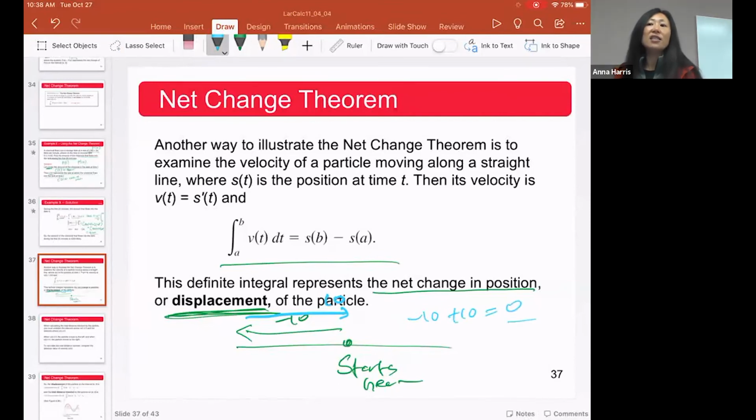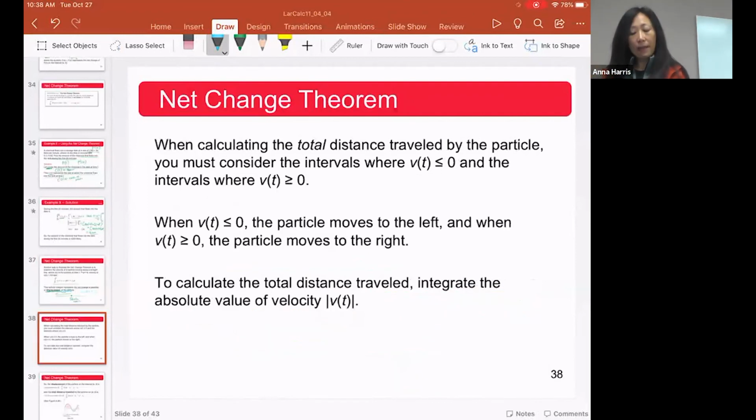So the net change is 0, because even though you moved to the left 10 units, you moved back to the right 10 units, so your net change is 0. So displacements can cancel out. Your particle can move left, right, left, right, which means you're not actually moving any. When you look at the end of the time, you're in exactly the same position. That's the displacement of the particle.